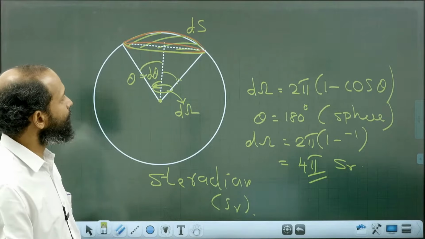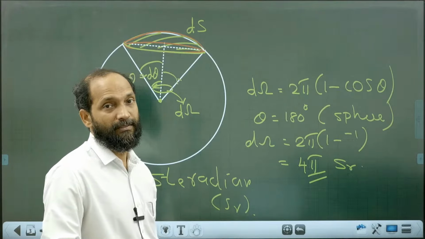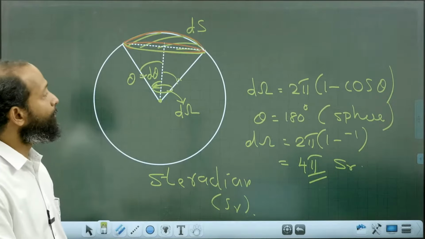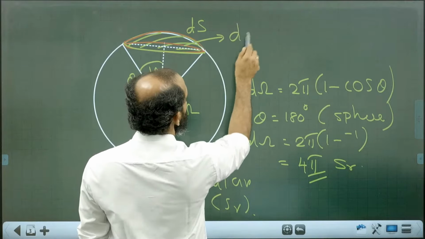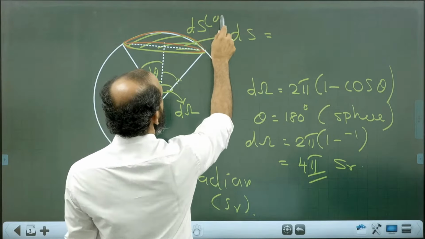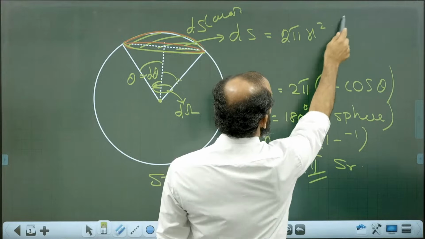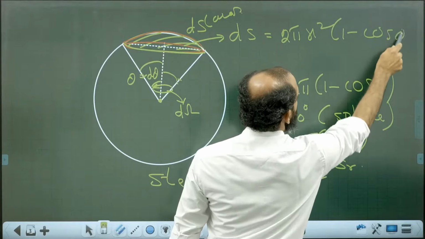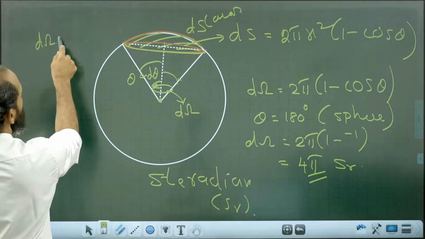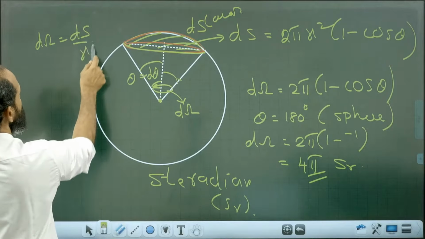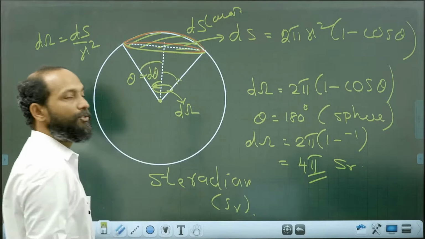Let the surface area be dS. dS is the surface area of the spherical cap, and that is 2 pi r square into 1 minus cos theta. The solid angle d omega can be written as dS divided by r square. So when you write dS by r square, you get the same equation, 2 pi into 1 minus cos theta.